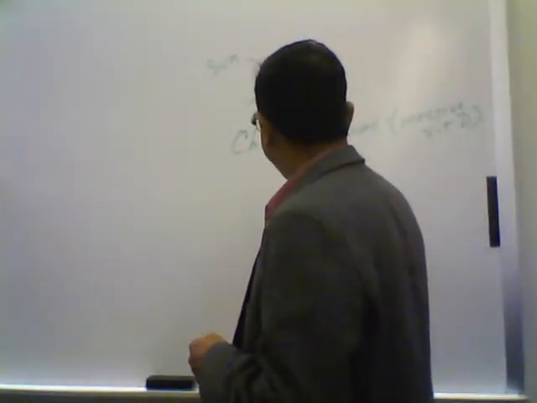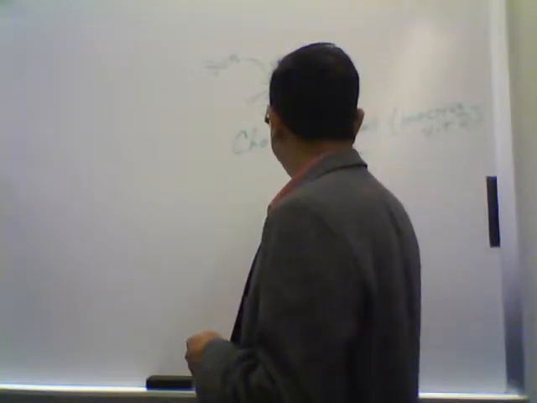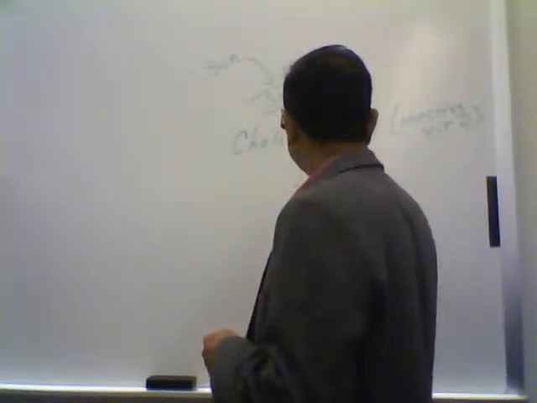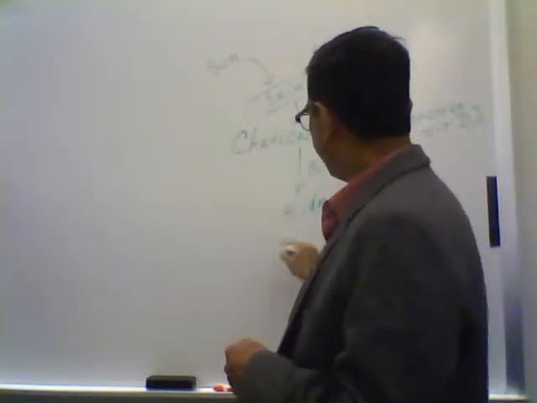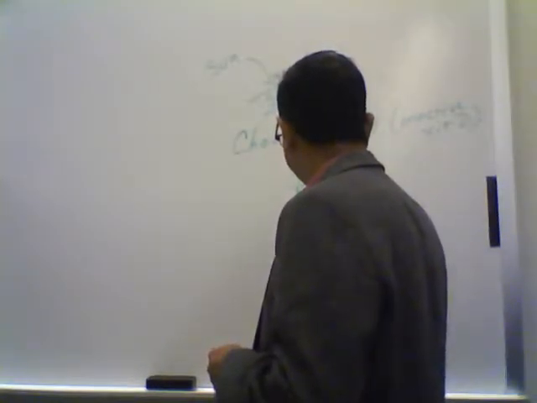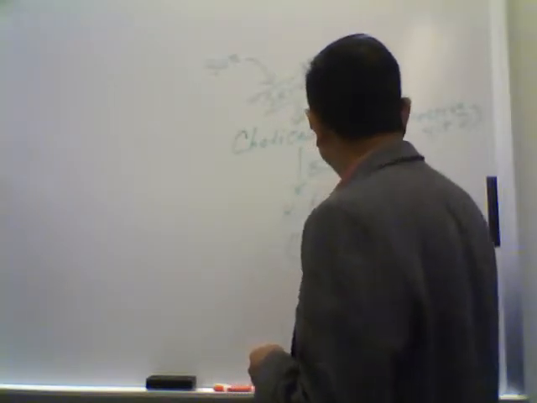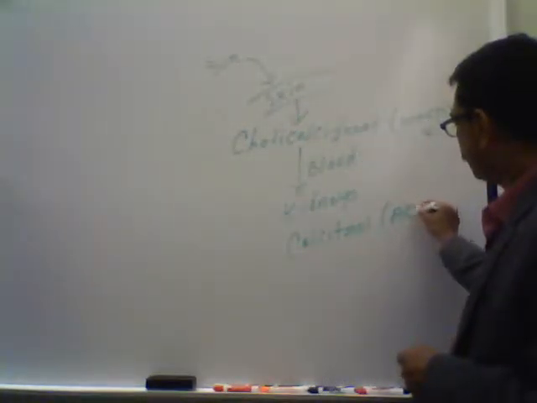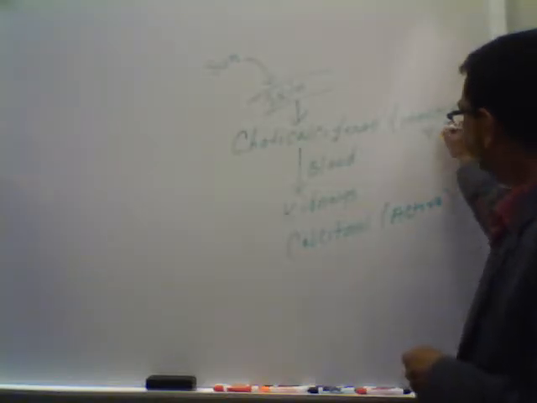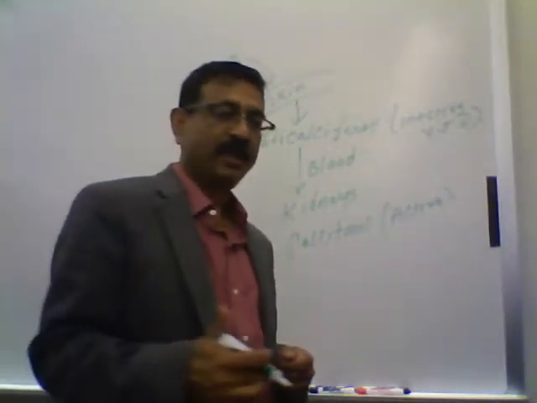Then blood takes the cholecalciferol to the kidneys, and inside the kidney, cholecalciferol is converted to calcitrol. Calcitrol is the active form of vitamin D. Okay, so calcitrol is the active vitamin D produced in the kidney.